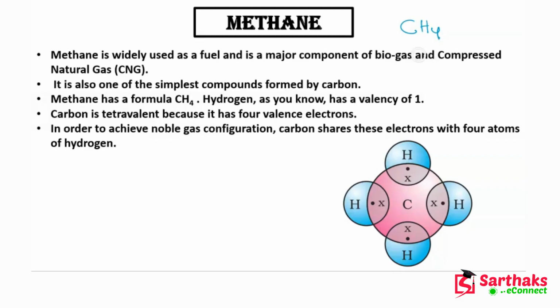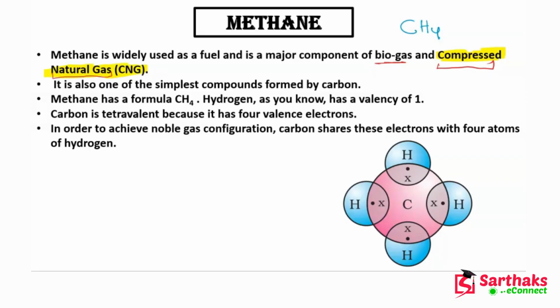Because guys, methane is widely used as a fuel, and it is a major component of biogas. You might have heard the name of biogas, okay? And it is also a major component of CNG. The full form of CNG is compressed natural gas. This is very important. I am highlighting this.